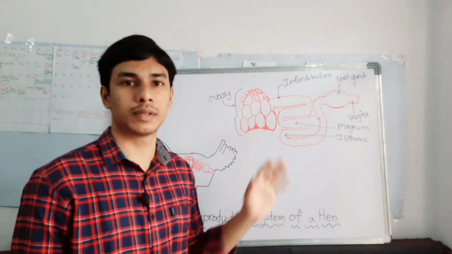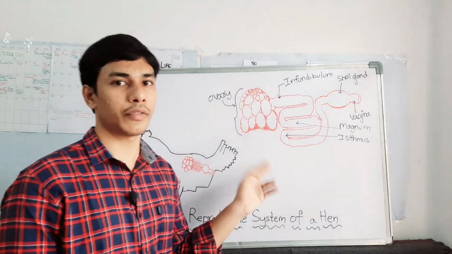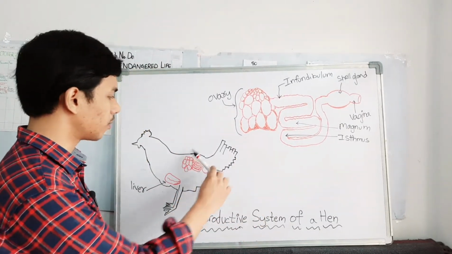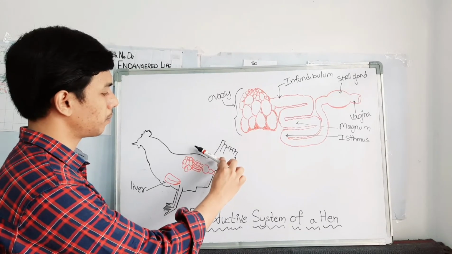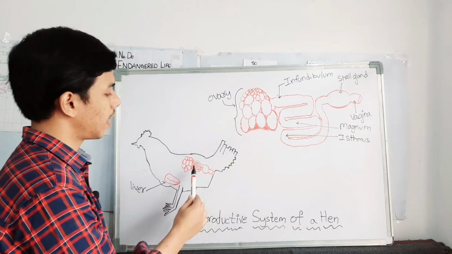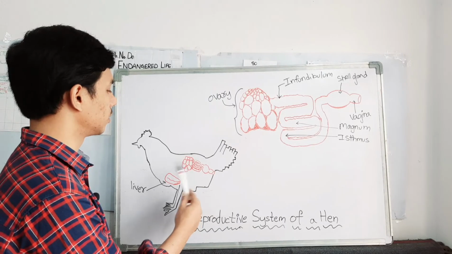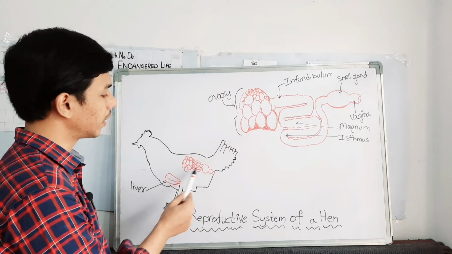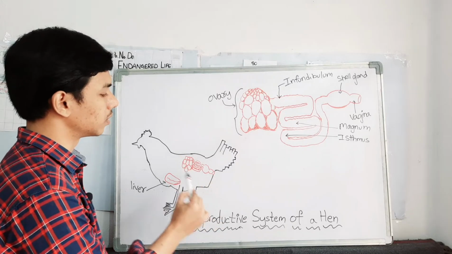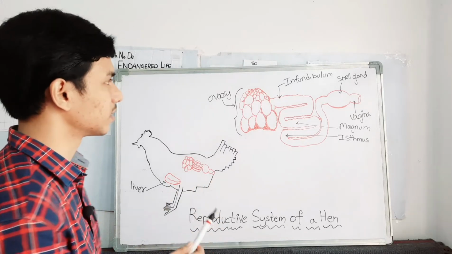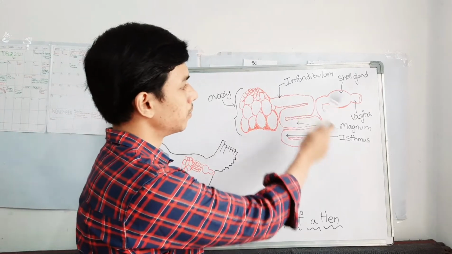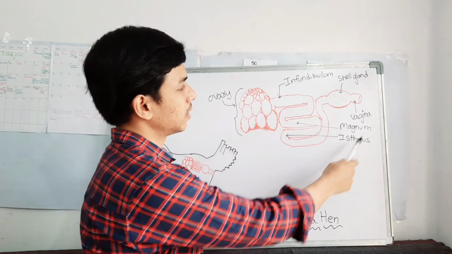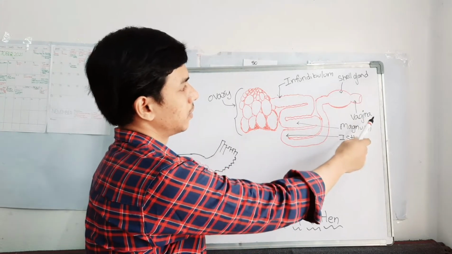The reproductive system of a hen rests against the back body wall, just to the left of the spinal cord. It is located in this area. It has five distinct sections: infundibulum, magnum, isthmus, shell gland, and vagina.